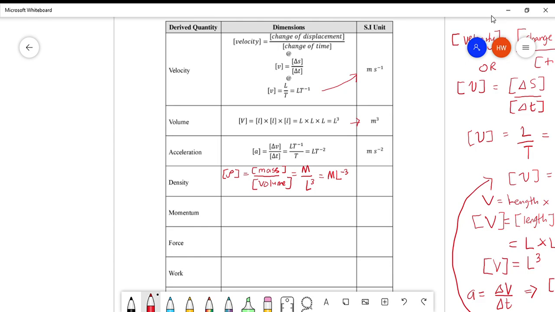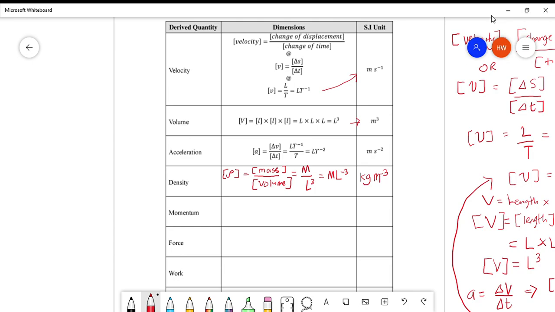And then we just write down the power. For density, mass is kg and L is meter to the negative 3, because the unit for length is meter. So there you go, we get the unit for density.